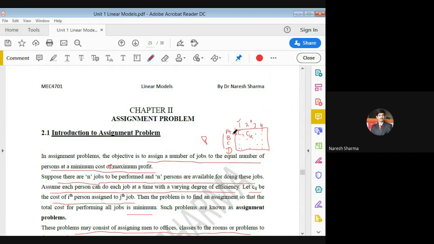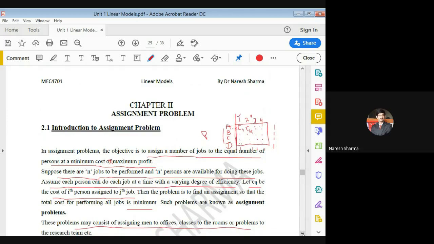That means the total allocation in this row is always one, because this job is assigned to one person only, and all other allocations are zero. Similarly for each row and each column, because there should be only one allocation in each row and each column, right?